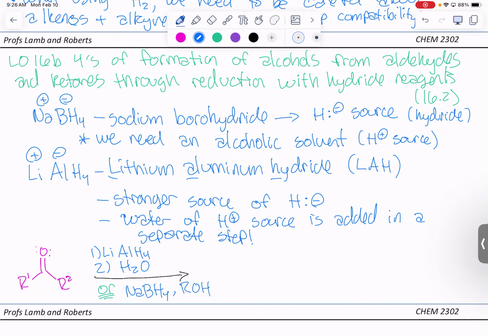So we'll just say ROH, R meaning methanol, ethanol, isopropanol, tert-butanol, whatever you want. And at the end of the day, our product is going to be our alcohol. So I'm going to draw these in a separate color.